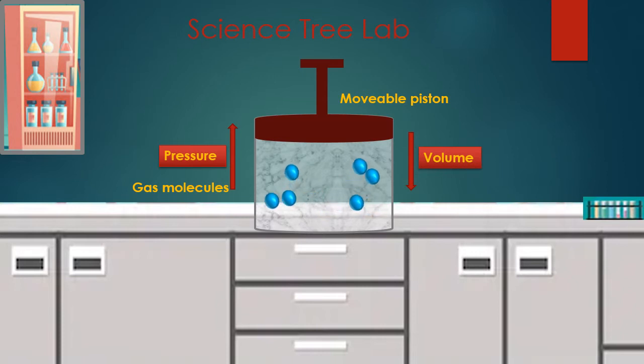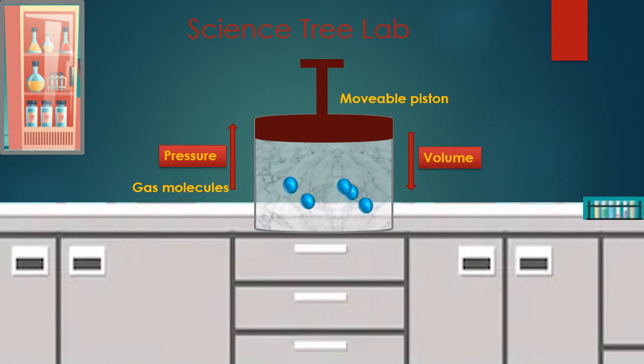The cylinder is covered by means of a movable piston, and this movable piston will apply pressure on the gas molecules. Or I can say that by moving the piston, the pressure on the gas molecules will increase.